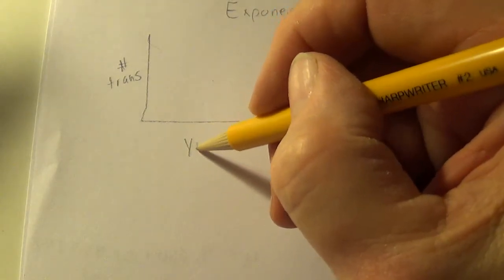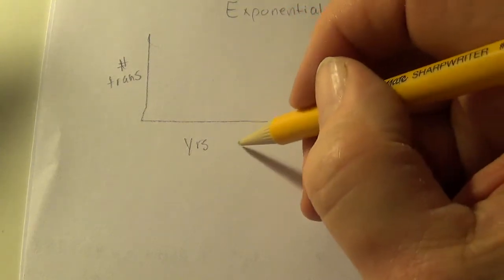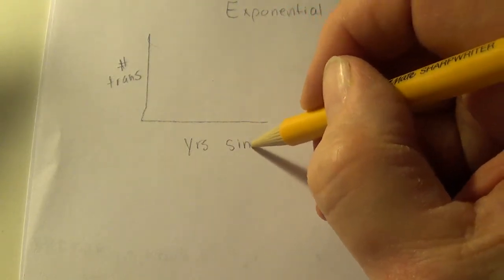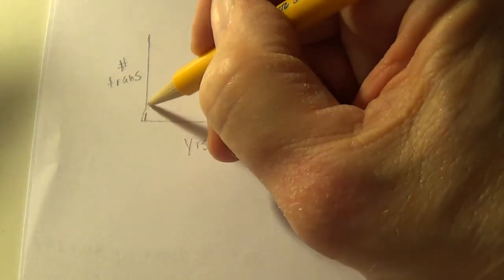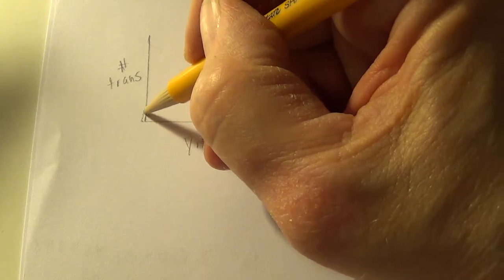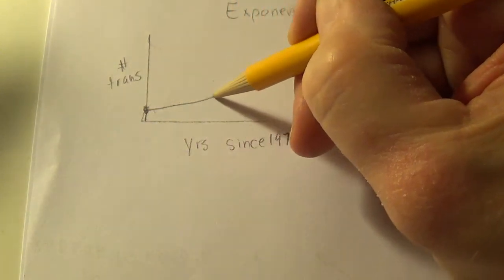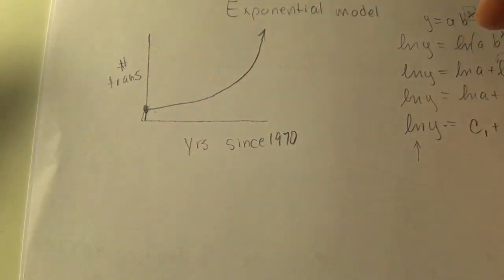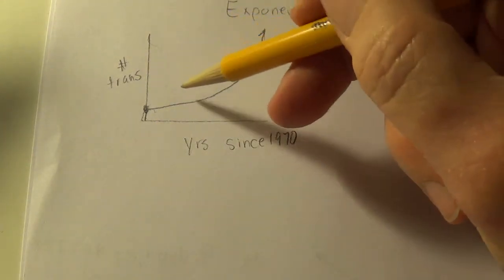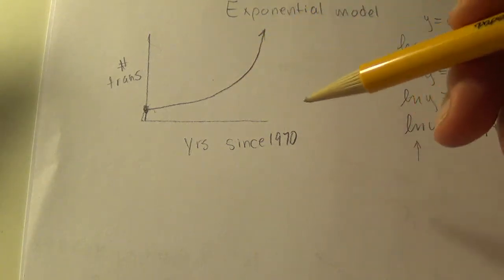So if we look at how many transistors could be on a chip years since 1970. So in 1970 we would have very few that we could put on a chip. And then it grew a little bit, but then it went zinging up. So it had an exponential growth in our ability to put a number of transistors on a chip.